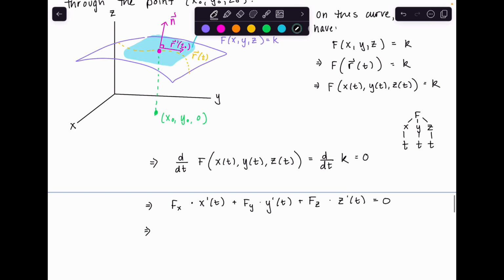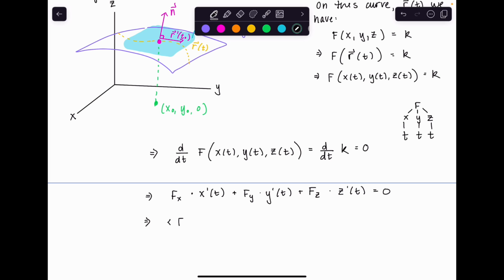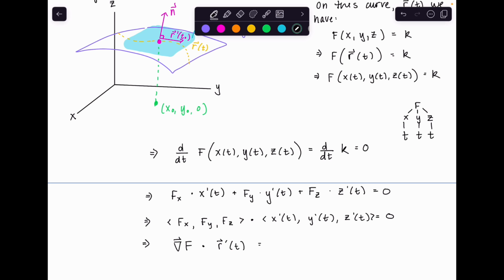Well, I can reverse engineer this. This is the vector which has the partials, partial of f with respect to x, partial of f with respect to y, and then with respect to z, dot product with this vector, and it ends up equaling 0. The first component is just the gradient of this level surface, and the second component is the derivative of r.